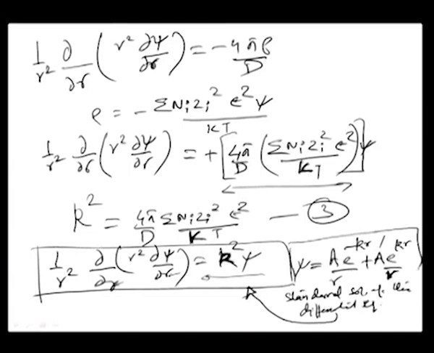We will take the solution and investigate the values of a and a prime, based on the boundary conditions imposed by this problem. The first condition is that the potential function xi is 0 at r equal to infinity, so xi infinity is 0.